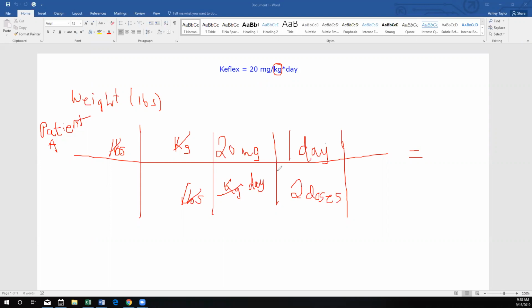Okay, so I have days done, so now I have milligrams per dose, which gives me how much I will give that patient on that particular dose. And so with that, we can then compare that to what's in the chart given to us.